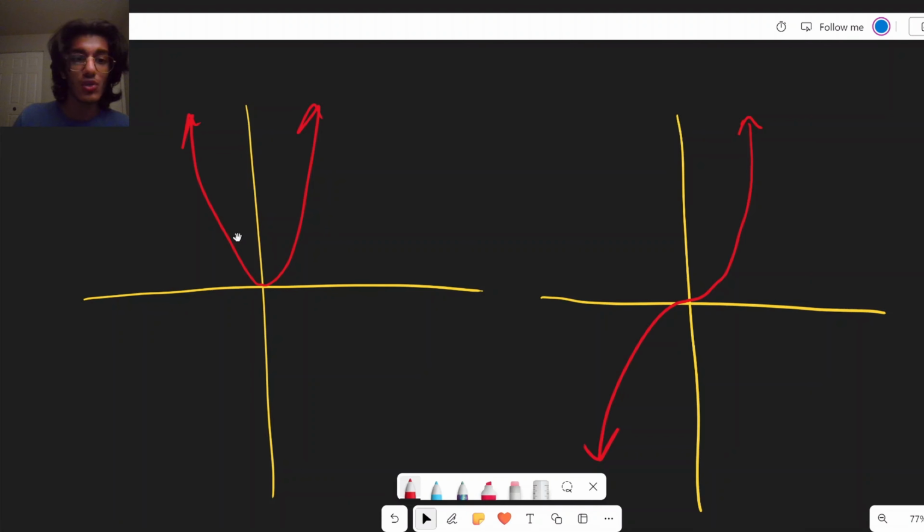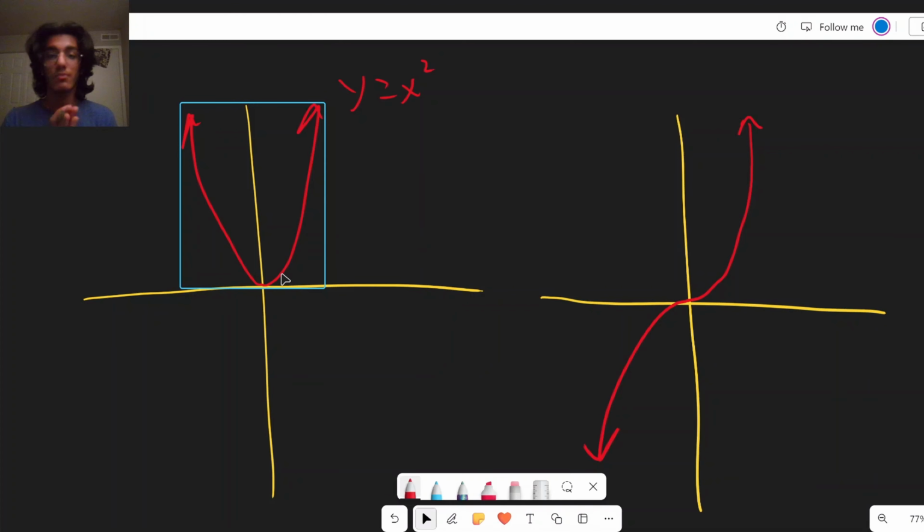So if I take this quadratic function, y equals x squared, and fold it into itself, all the points on the negative x-axis and all the points on the positive x-axis would fold on top of each other and overlap. It'd be symmetrical.